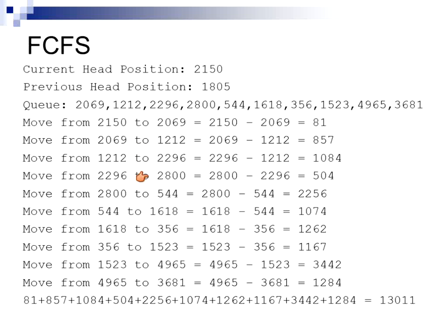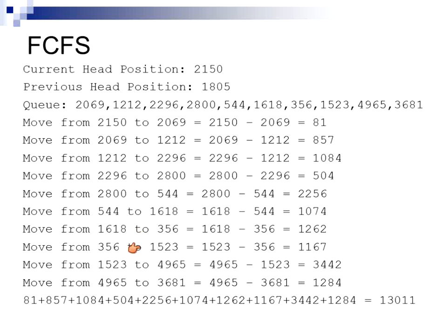Then we move to 2800, which gives us 504. Then we move to track 544, which is a distance of 2256. Then we move back to cylinder 1618, and that gives us a distance of 1074. We move to cylinder 356, which gives us a distance of 1262.